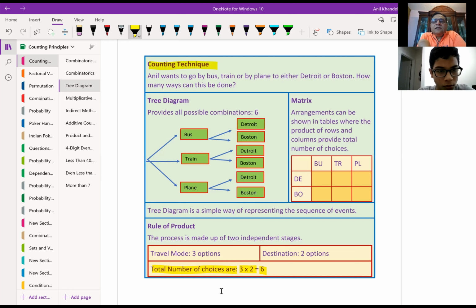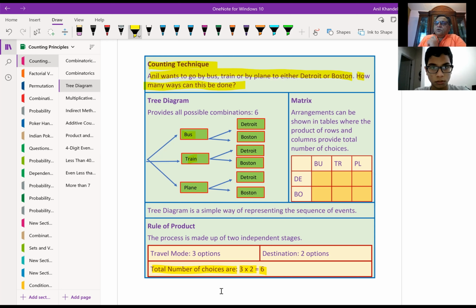So that is a statement. How many ways can this be done? Basically, we want to figure out the number of ways a path can be followed. We have taken two destinations and we have three ways of going through them, right? So bus, train, or plane, and then we have two destinations, Detroit and Boston.